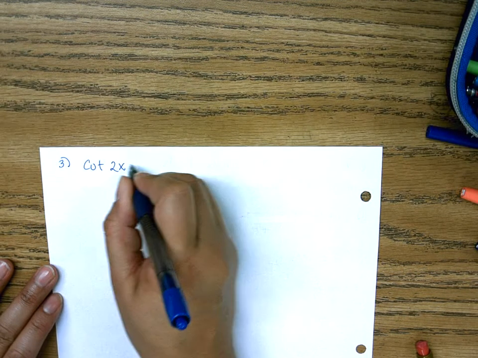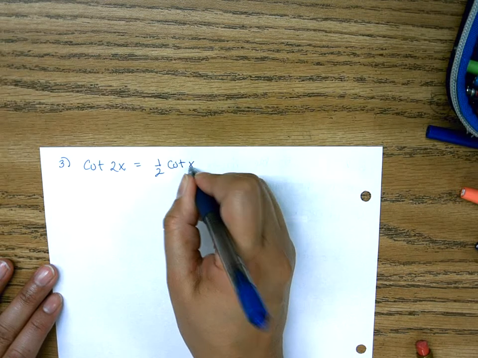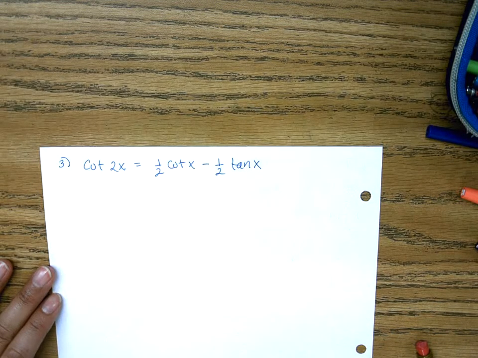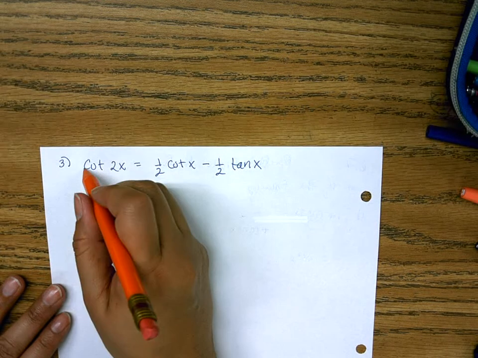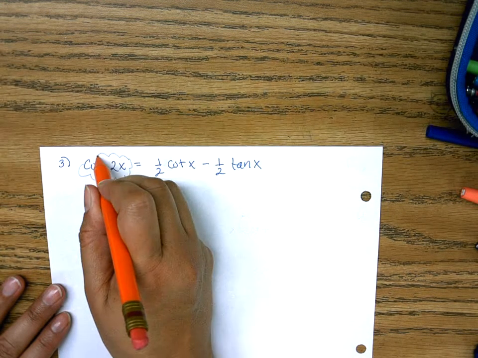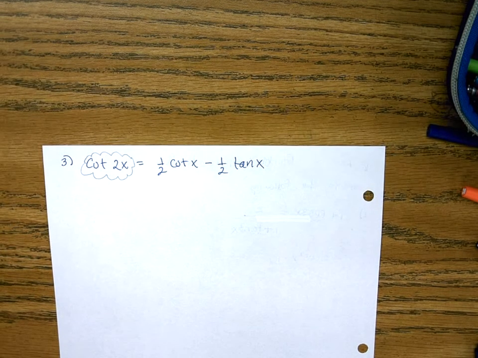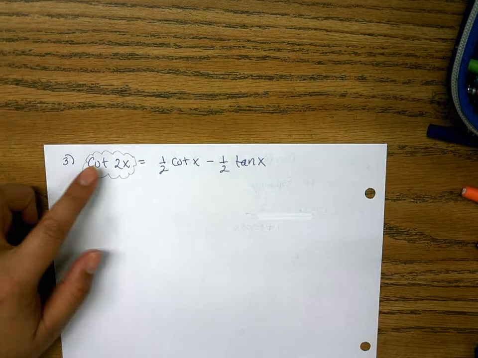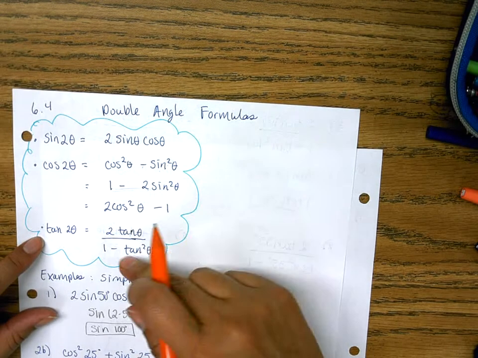Cotangent 2x equals 1/2 cotangent x minus 1/2 tangent x, and double angle, so I'm going to use this one here. Now, we don't have a double angle for cotangent 2x, but we do have a double angle for tangent 2x, remembering that cotangent is the reciprocal of tangent, so it's going to flip on the fraction, not on the negative sign.